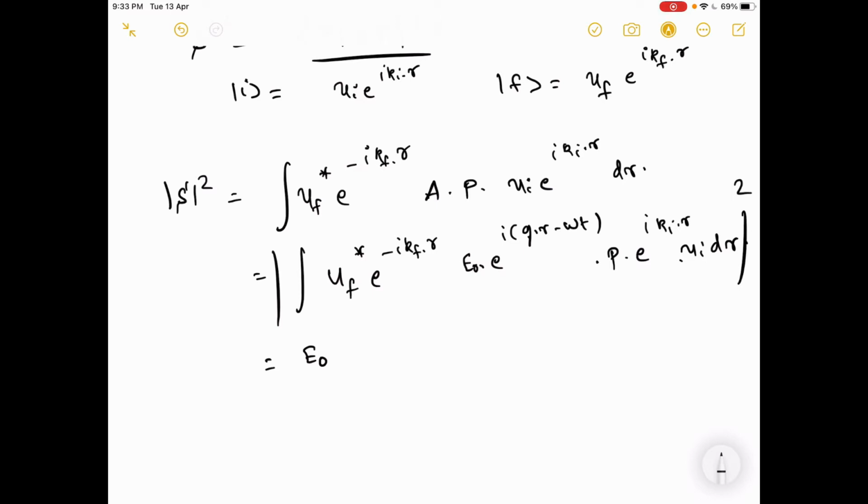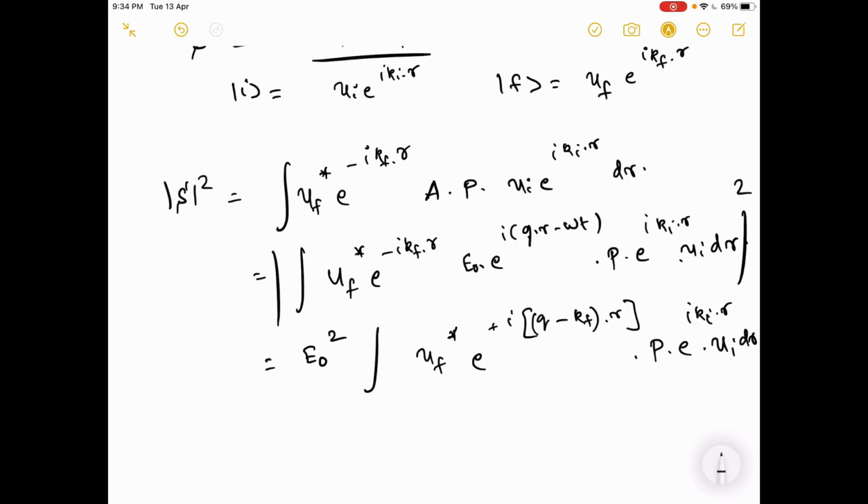We're talking about the square, so E naught can be taken out, E naught into E by m, which is considered previously, integral uf star e power minus i (omega) plus i q minus kf dot r, right, into P acting on e power i ki dot r ui dr, right?